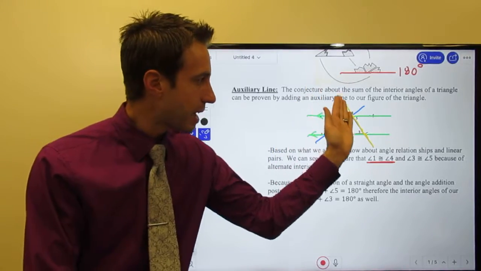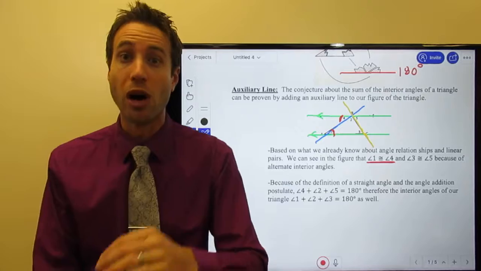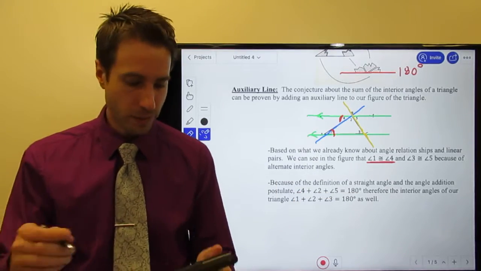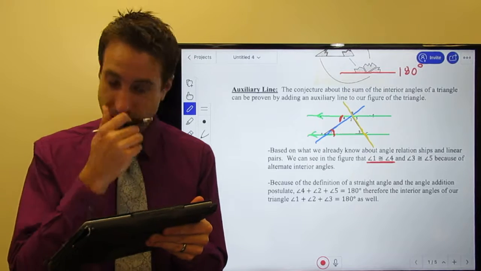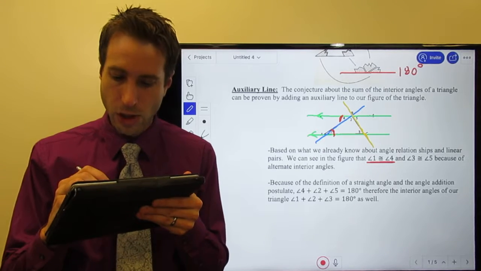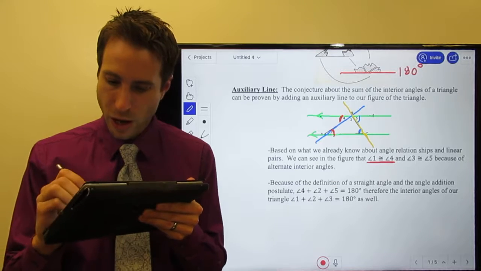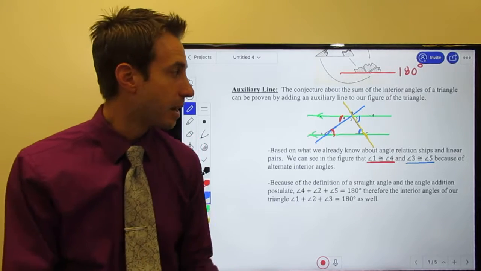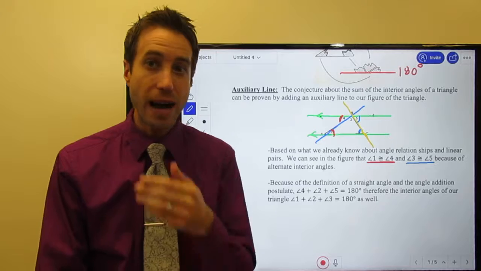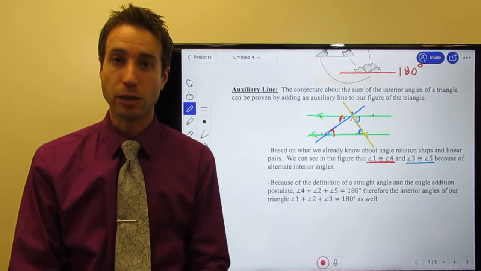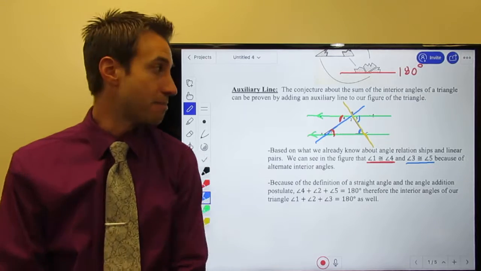That yellow line is now a transversal cutting through parallel lines. What do I know? Well, I know that the alternate interior angles are congruent: this guy and this guy, which is exactly what I tell you right here. Angle 3 and angle 5 are alternate interior angles. They must be congruent. They have to be the same measure.